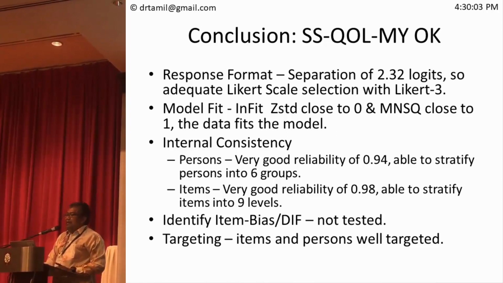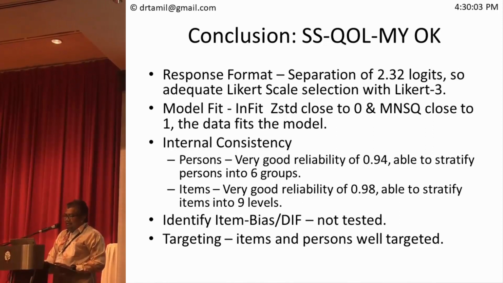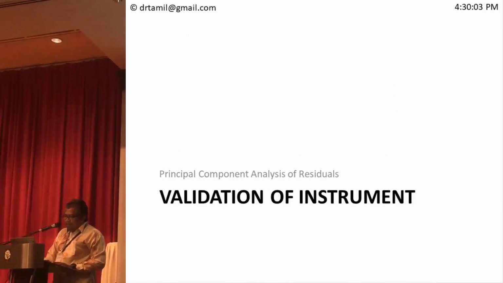Okay, this is the best part. The one that I like about Rasch, the dimensionality analysis. For the dimensionality analysis, they use the same thing that we use in classical test theory. They call it PCA, principal component analysis.